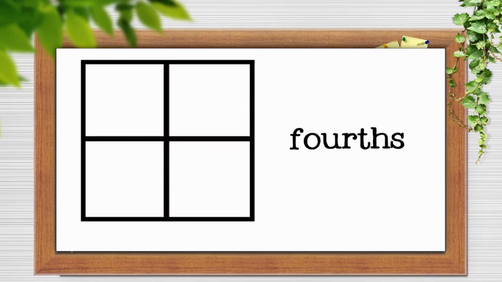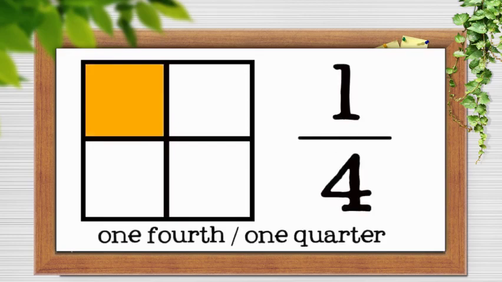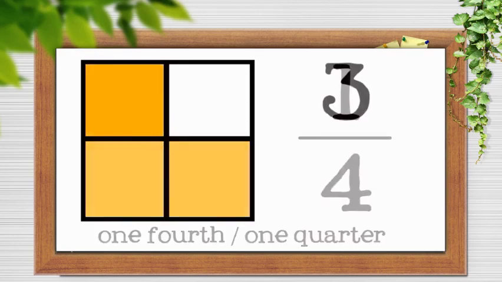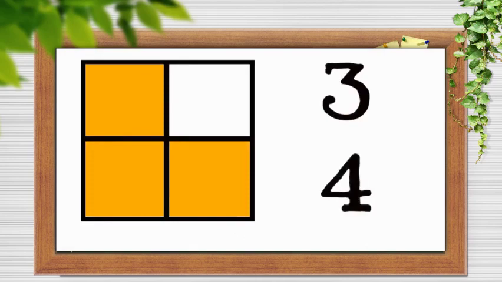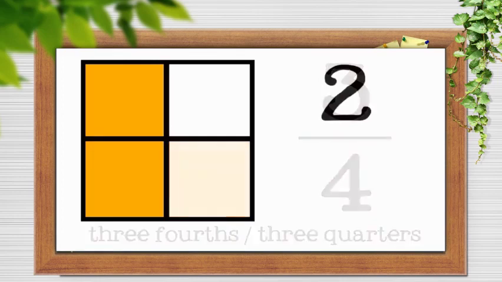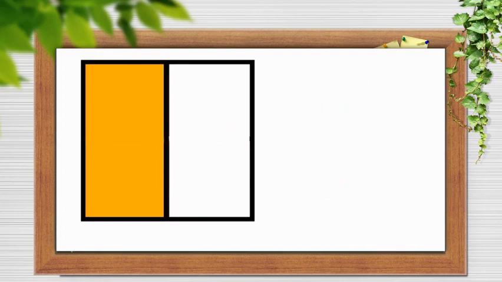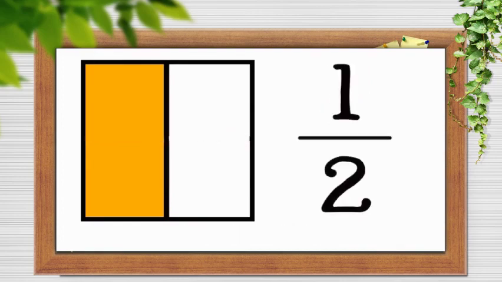When something is divided into four equal parts, we either call them fourths when they appear in math, or quarters when they appear in daily life. One piece out of four total pieces is 1/4 or 1/4. Three pieces out of four total pieces is 3/4 or 3/4. Two total pieces out of four is 2/4, but because it is the same amount as one piece out of two, it is expressed as 1/2.